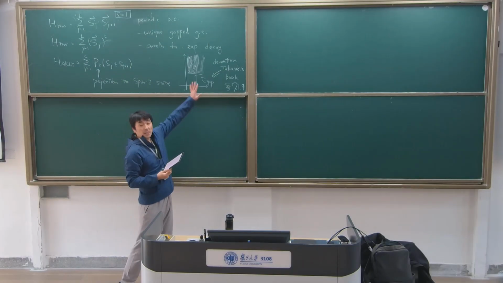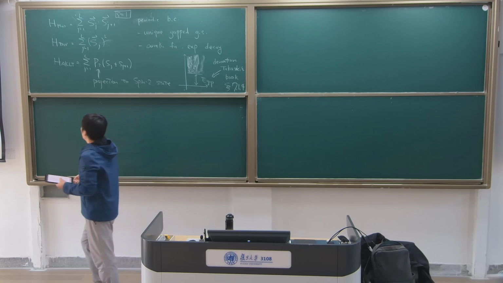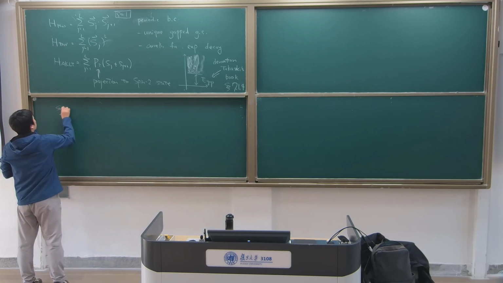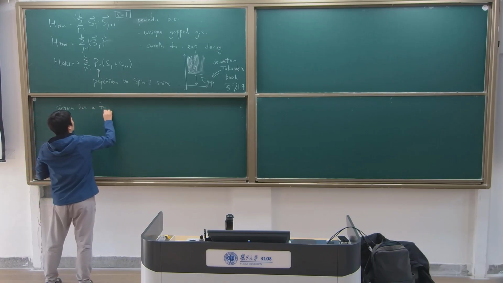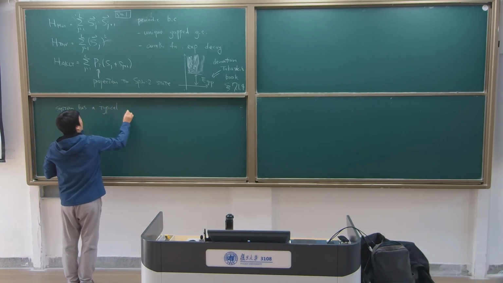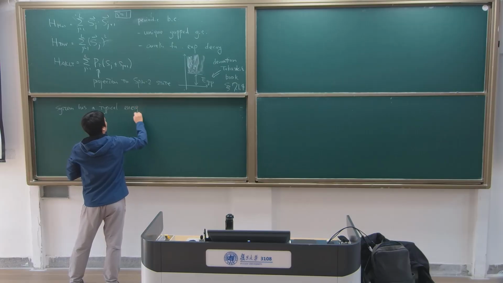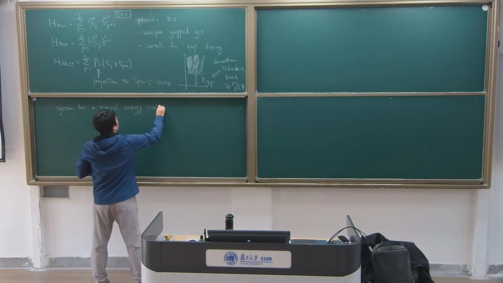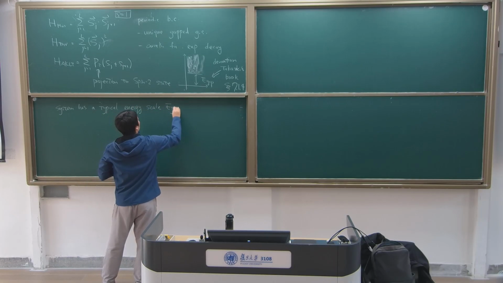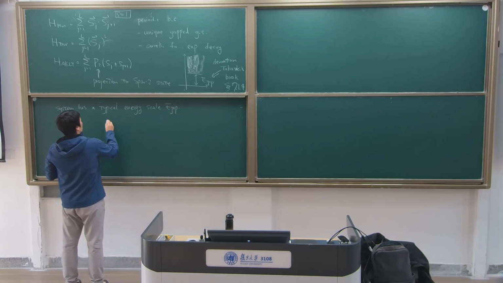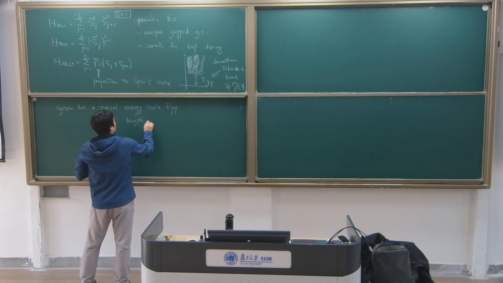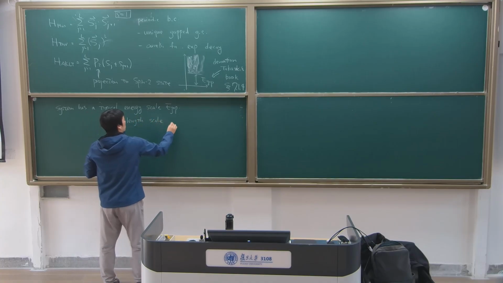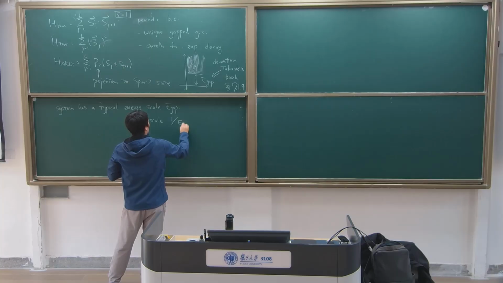If there's a gap in the first excited state, this means that the system has a typical energy scale, or this means that there is a typical length scale, which I call the correlation length.